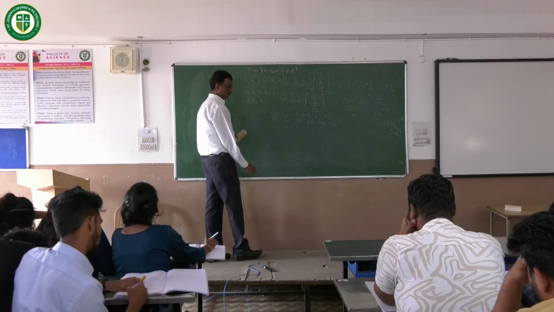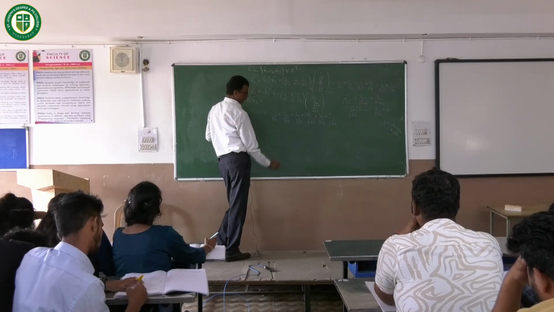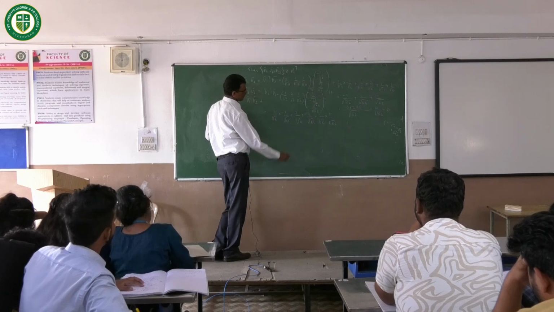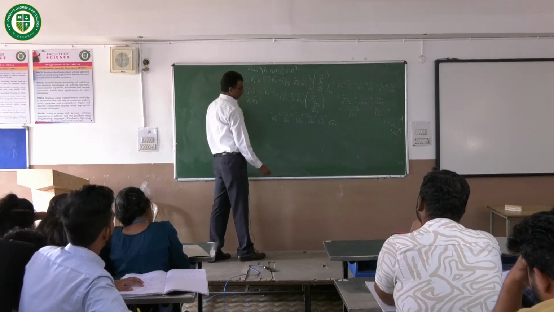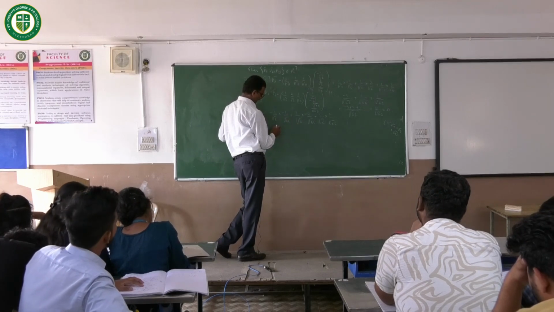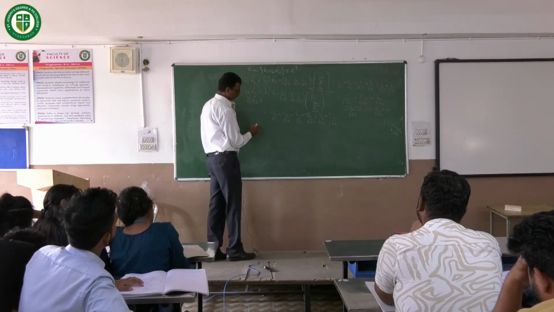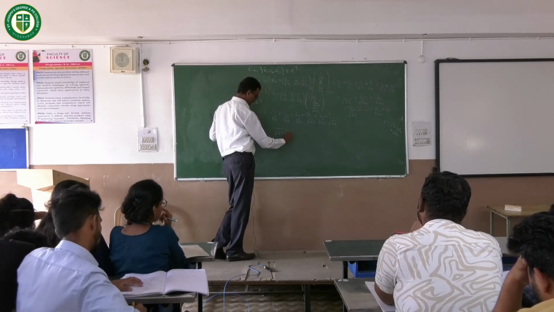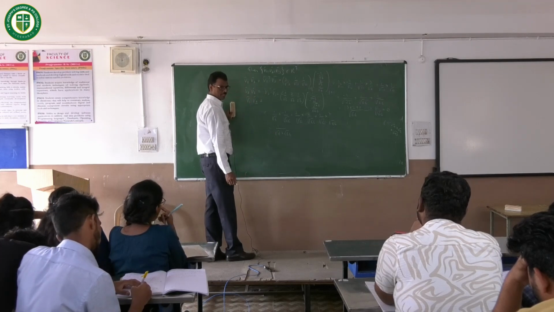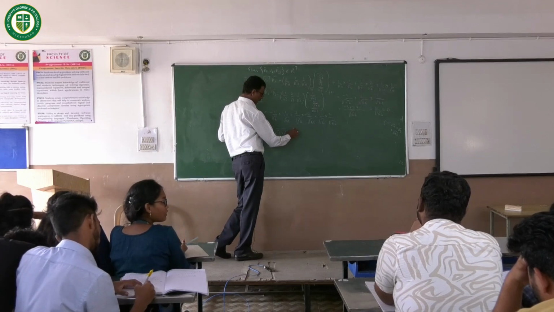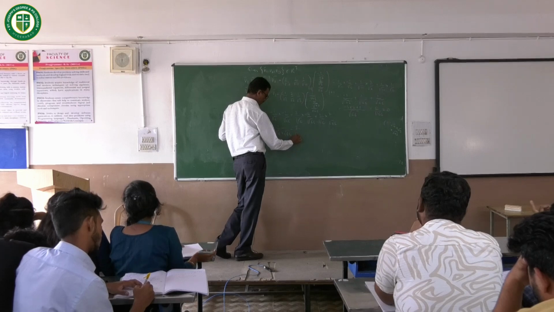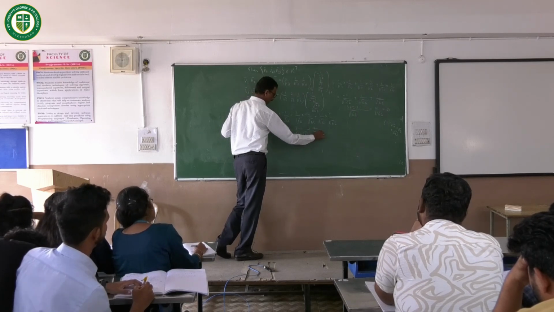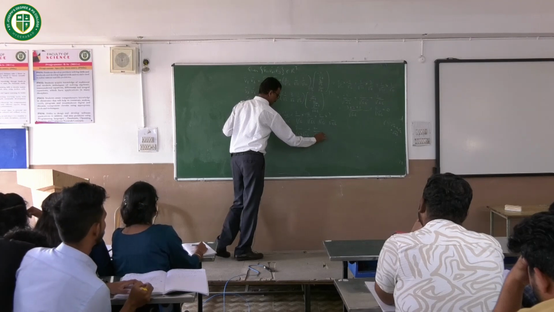Observe this: the terms are 1 by root 6 into root 66, minus 8 by root 6 into root 66, plus 7 by root 6 into root 66. Don't multiply unnecessarily.